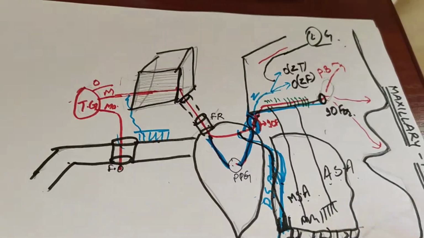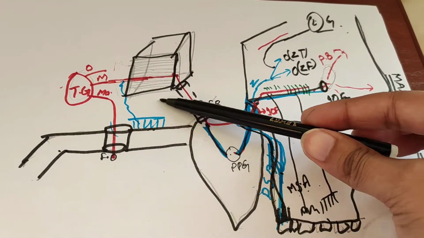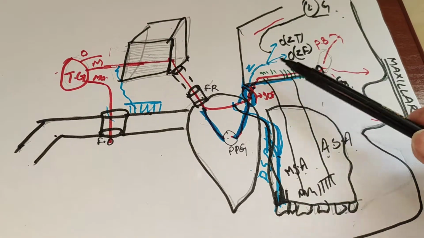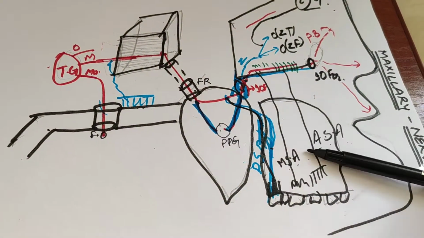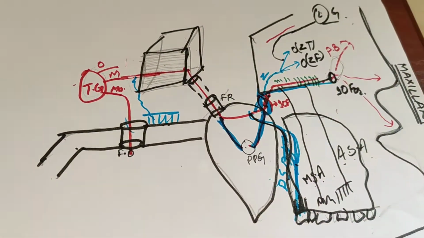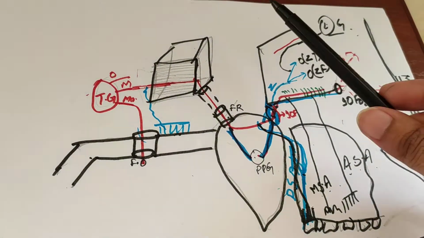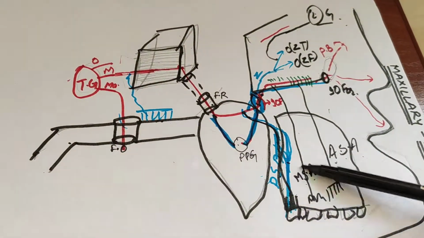So how many direct branches have we done till now? Once again: meningeal, ganglionic, zygomatic, orbital, and the alveolar. Which is left? Meningeal, zygomatic, alveolar, posterior superior alveolar. Not all alveolar. Why?